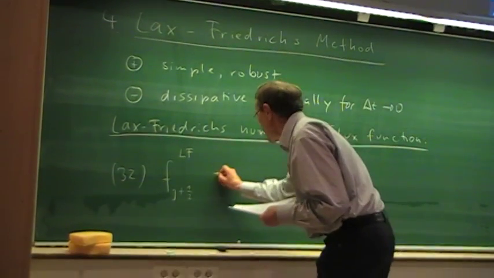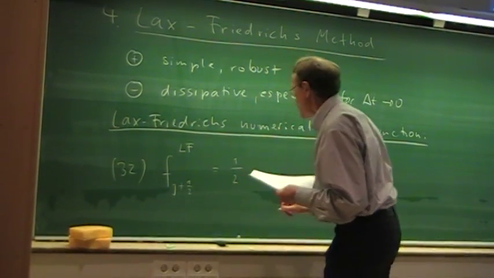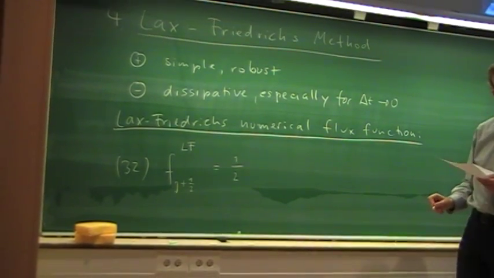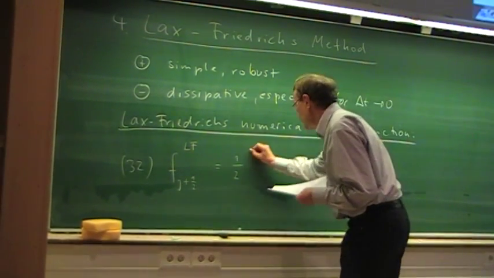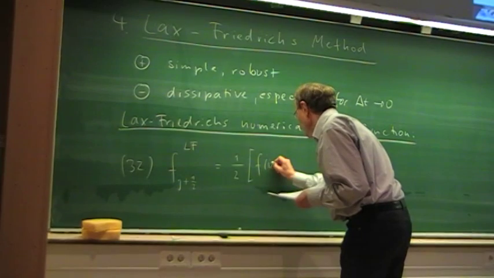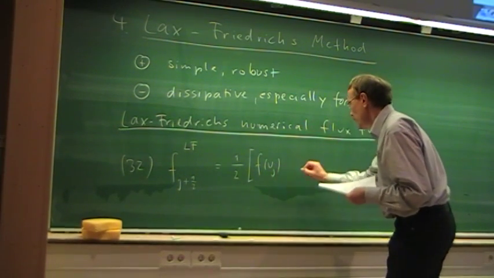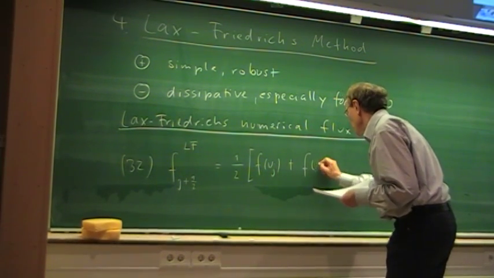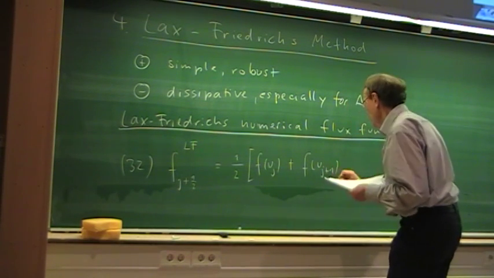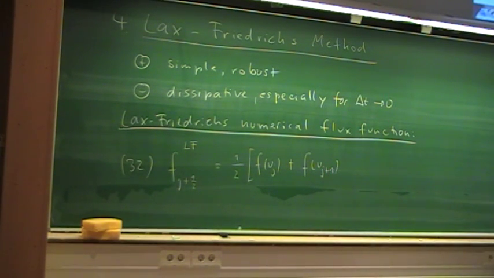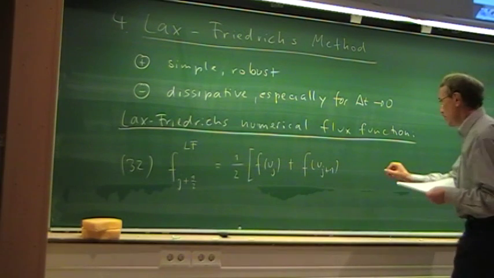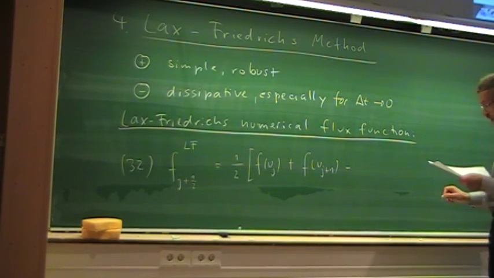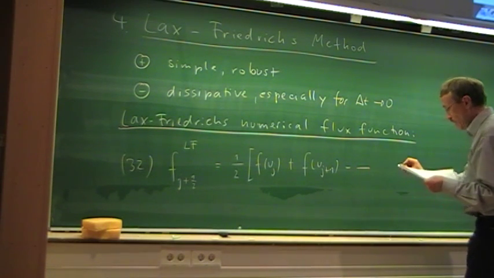And then we start again, as we have done also for the upwind method, with the average of the flux function in the cell j, and the average in the cell j plus 1. So that would be the central finite volume method, but that we don't want, because it is conditionally unstable with the explicit Euler method in time.